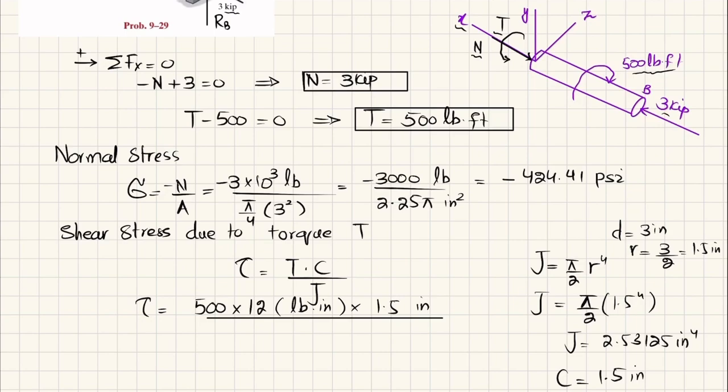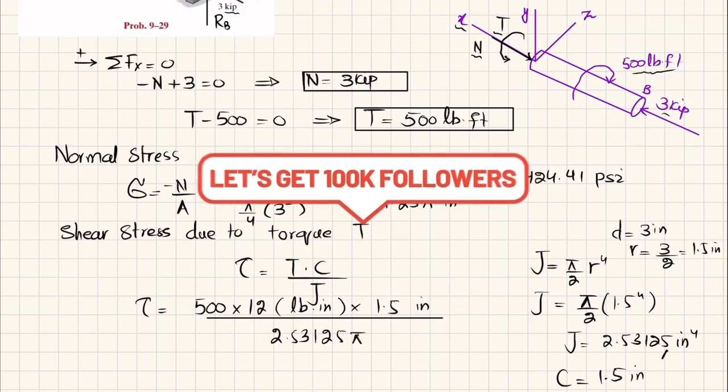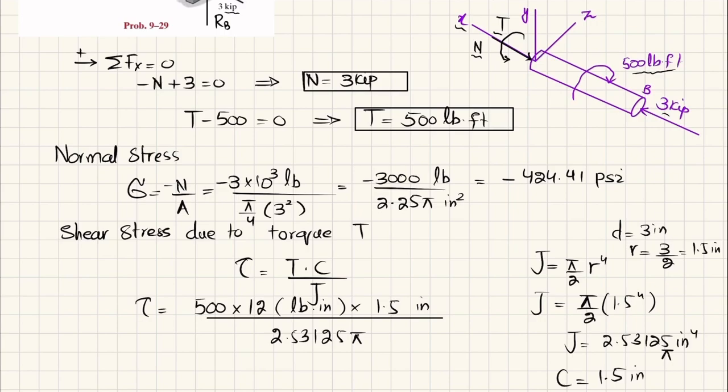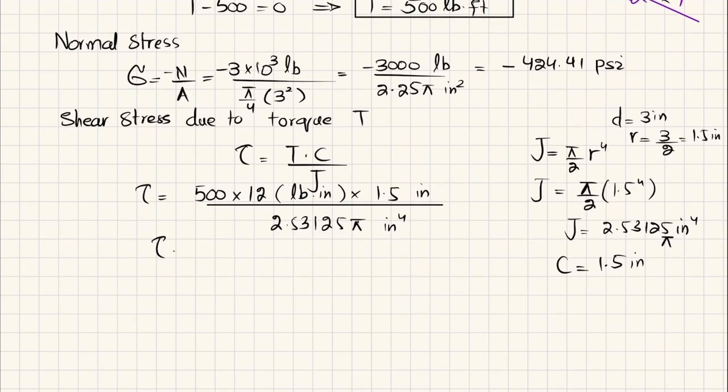This will be inch divided by J, which is 2.53125 pi. Clear? There is a pi as well over here. And this unit will be inch power 4. So when you calculate it, you will get the shear stress comes out to be 1131.77 psi.